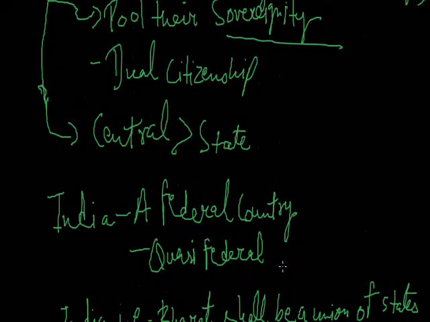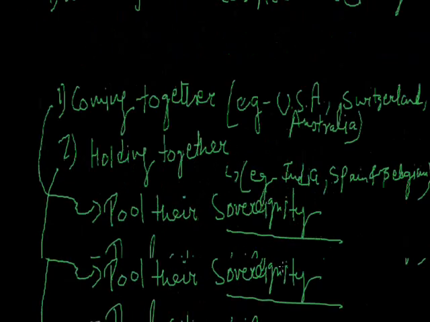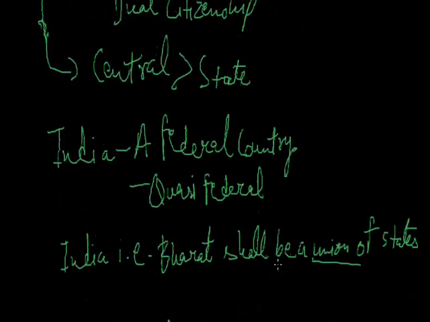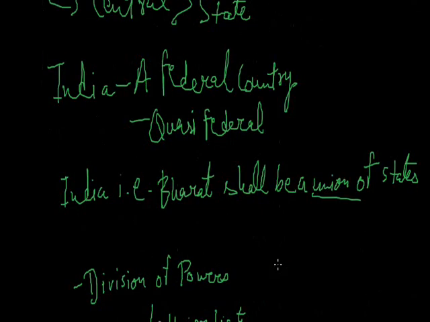So let us revise about India. India is a quasi-federal structure, as I told you. Quasi-federal means powers are divided between the central and the state government, but the central government has an upper hand. The Center is much more powerful than the state government. And why is this so? Because India is a land of diversity.